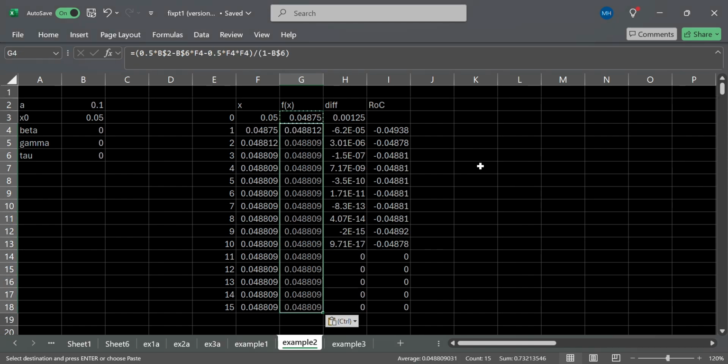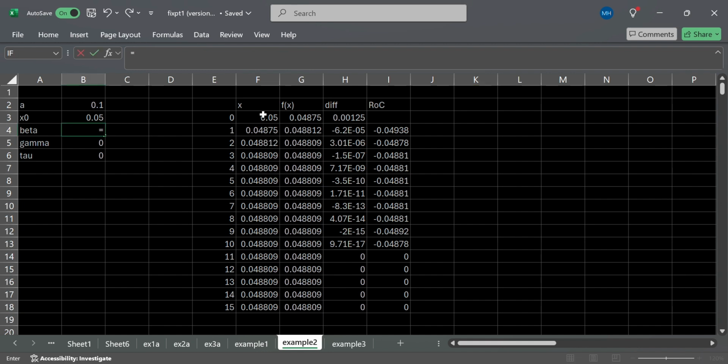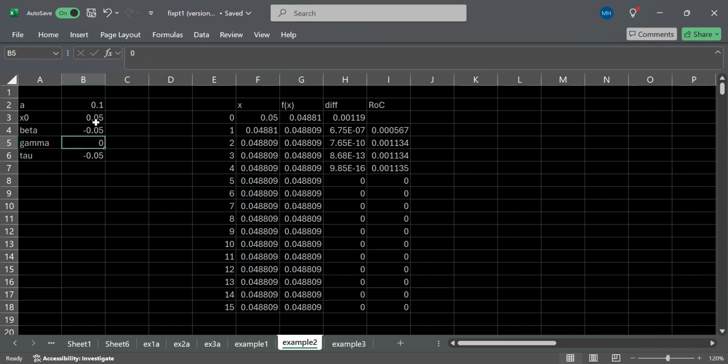It does converge. And I can guess what the beta should be. It seems to be 0.4888. And then choose beta, though, equal to minus x0, because that's a little simpler for right now.